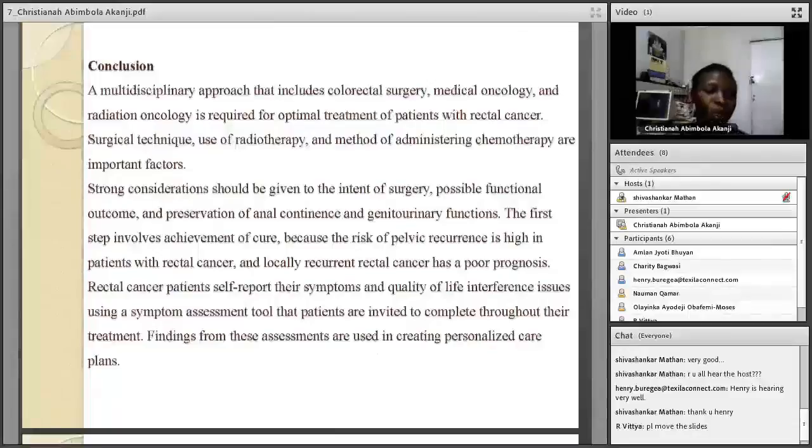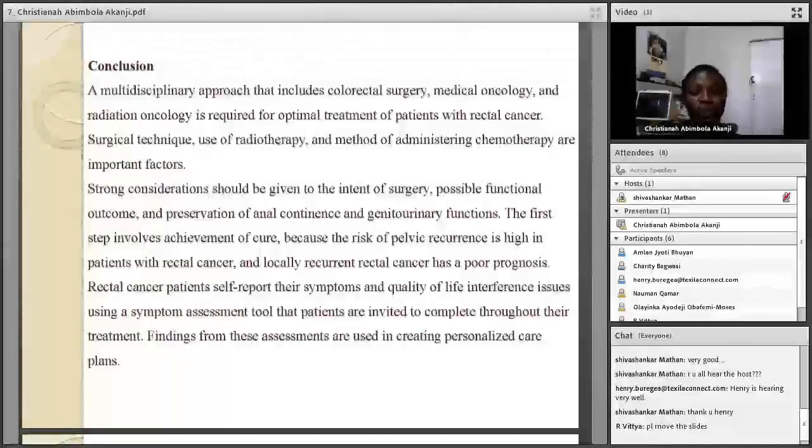Strong consideration should be given to the intent of the surgery, possible functional outcome, and preservation of anal continence and genitourinary function. The first step involves achievement of cure.